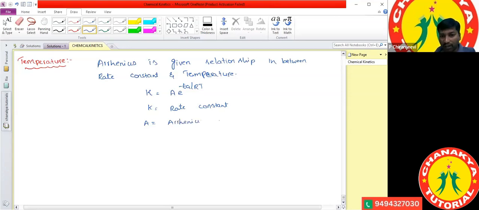Ea is the activation energy. And R is the universal gas constant.